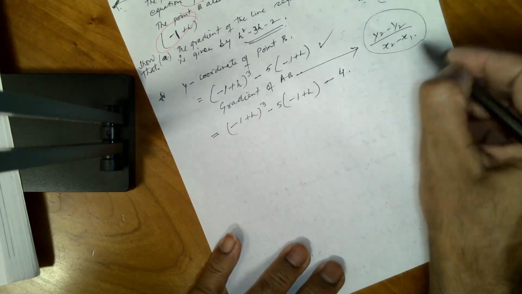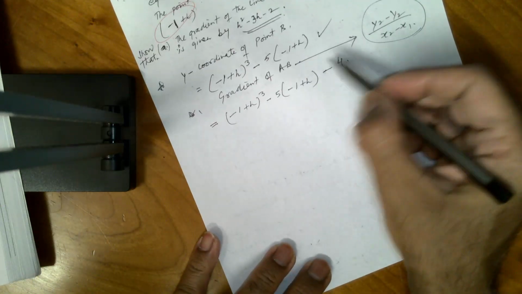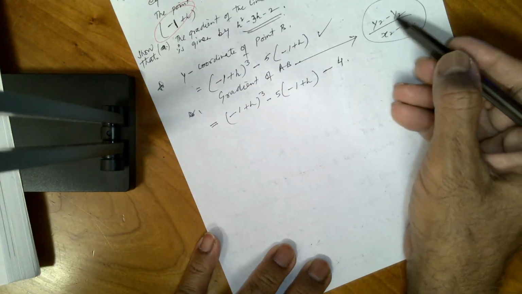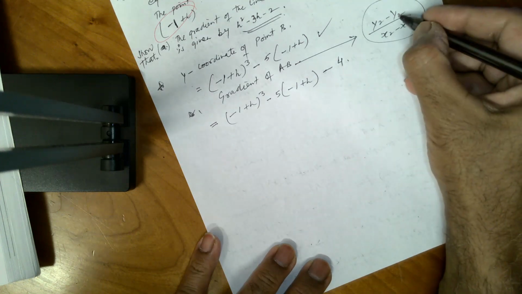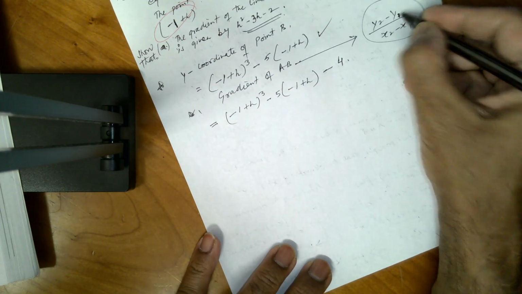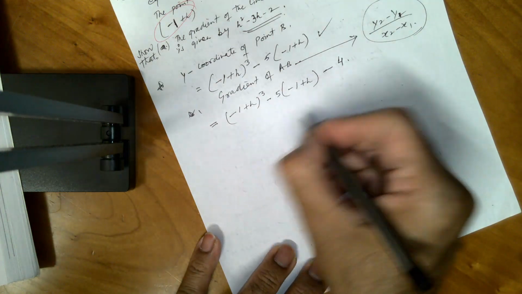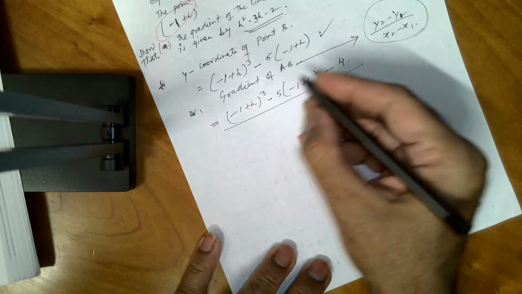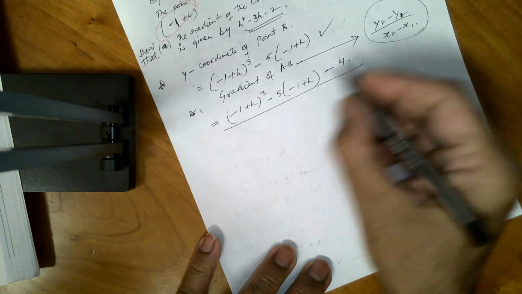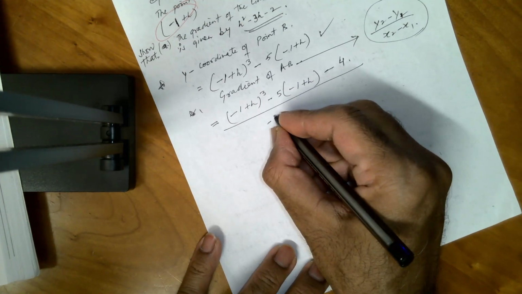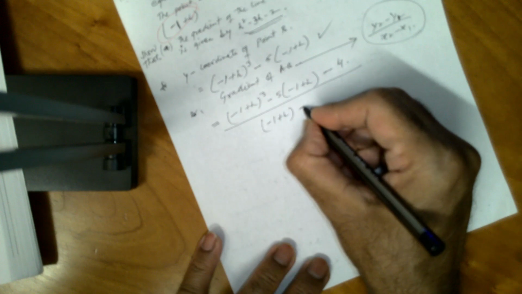So using this, you get the gradient of AB. The y2 here minus y1, sorry, that is your 4 minus 4, sorry. Then you have x2 minus x1, so -1 plus h minus x1.